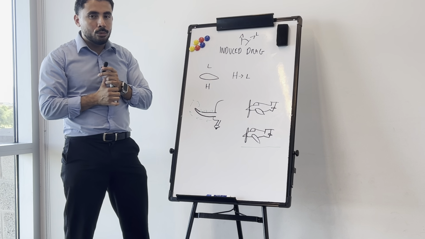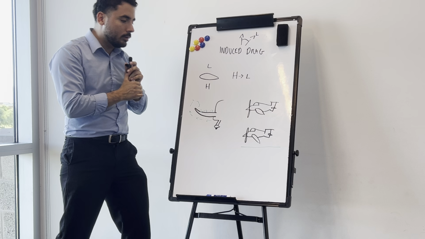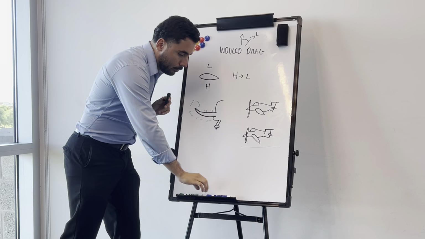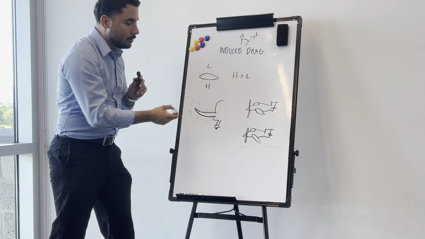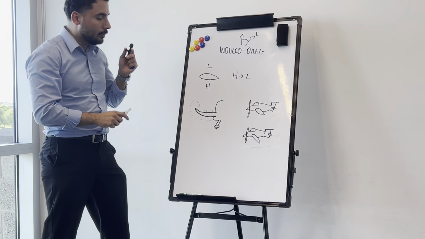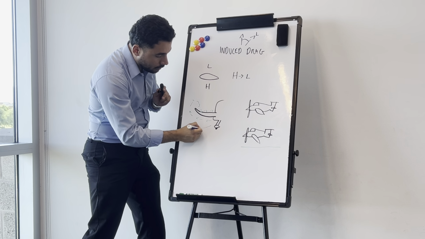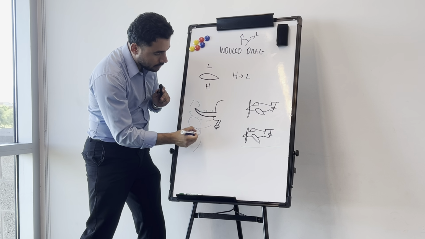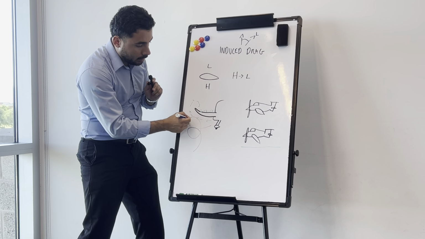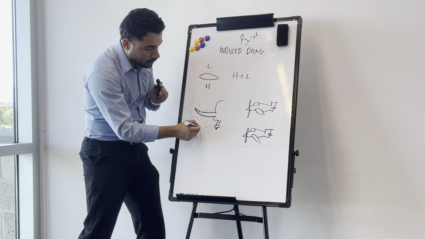The aircraft is also moving since it is not a stationary object when it's generating lift, and therefore these wingtip vortices are developed. As the aircraft moves away, it leaves wingtip vortices. The air comes out, up, and then around the wing.